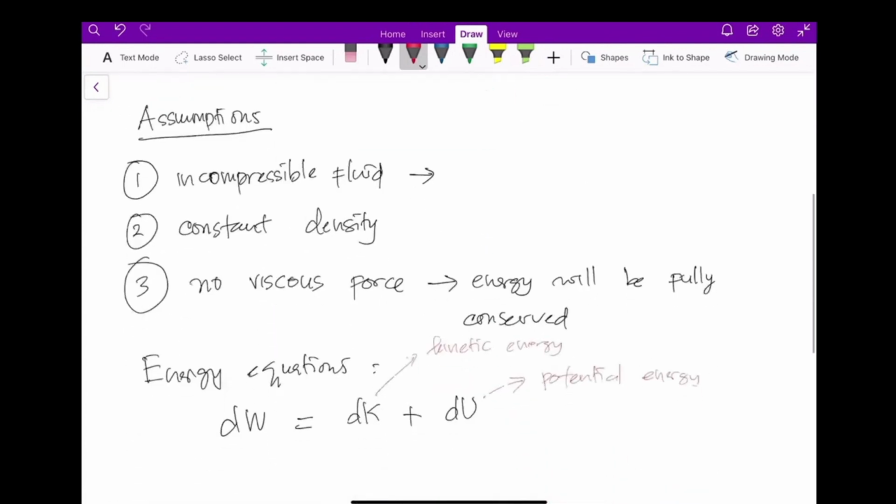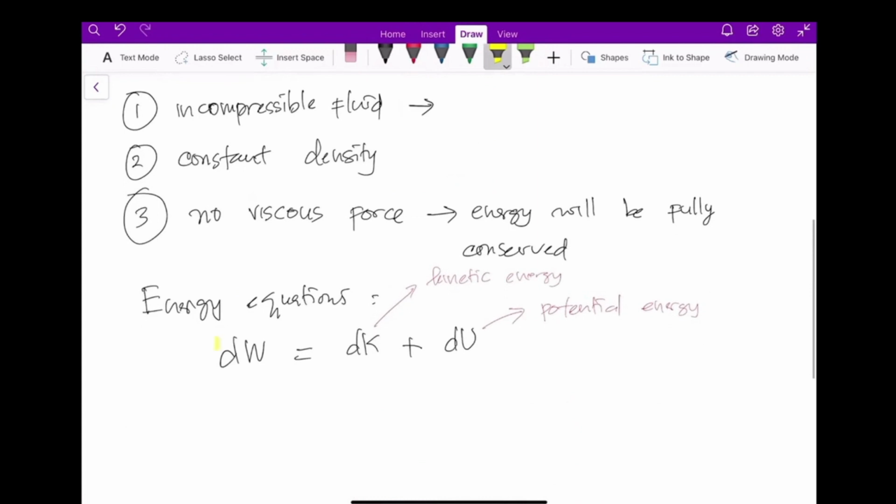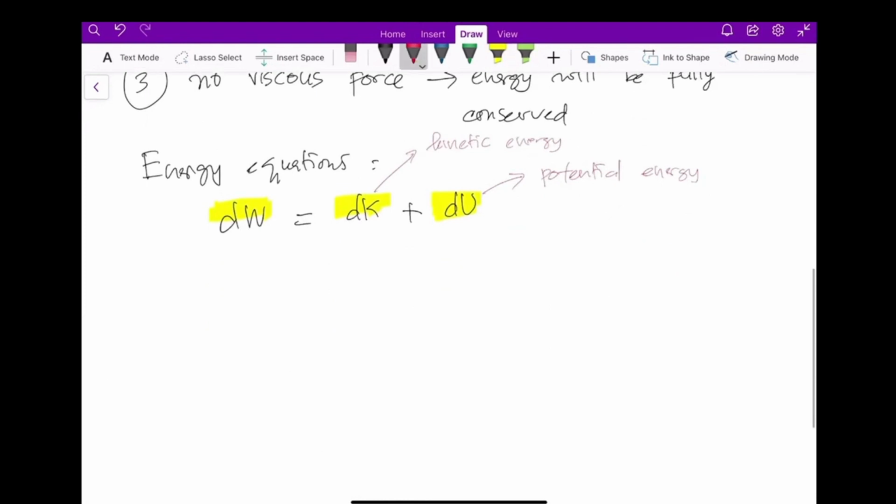So we are going to analyze this energy term one by one: dW, the work applied to the fluid, and then the change in kinetic energy, as well as the change in potential energy. Let us first talk about the first term, work, the work that is done on the fluid.